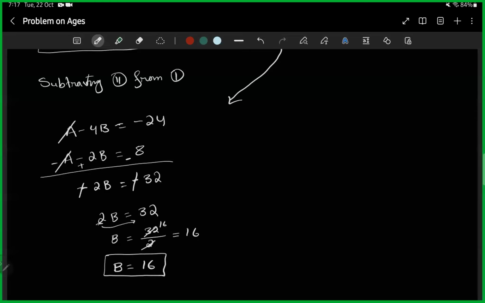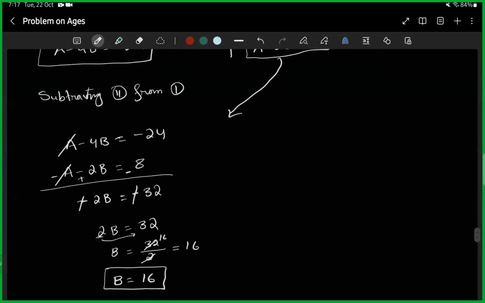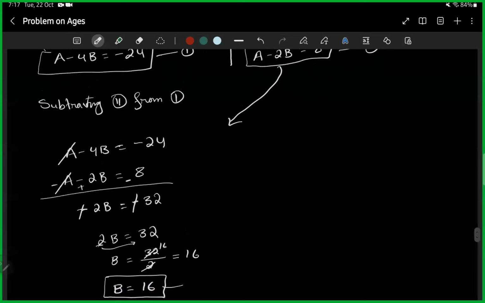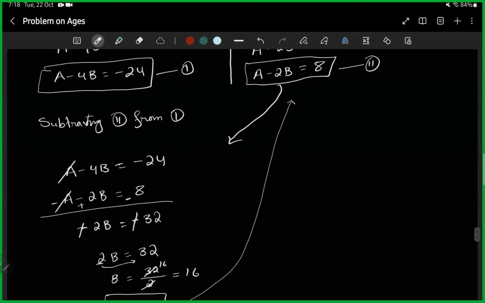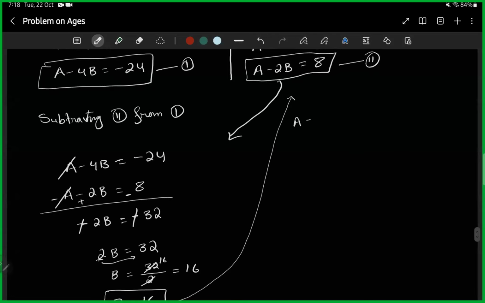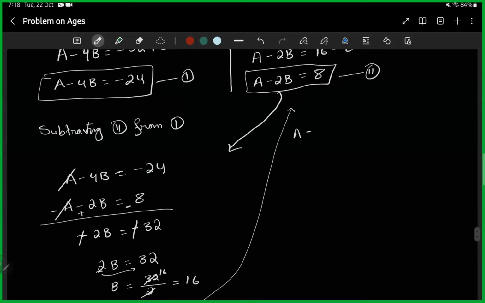Now you take this B and substitute it here in equation 2. Substituting the value in equation 2, we get A minus 2B. This is 2 times B, and B is 16, so 2 times 16 is 32.